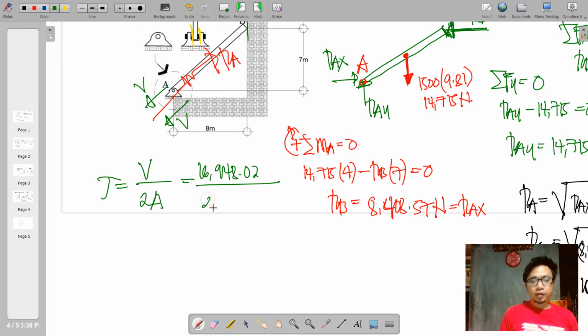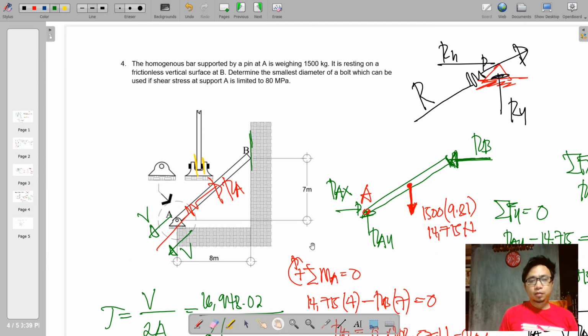So this is actually divided by 2, and the area is the area of the diameter.